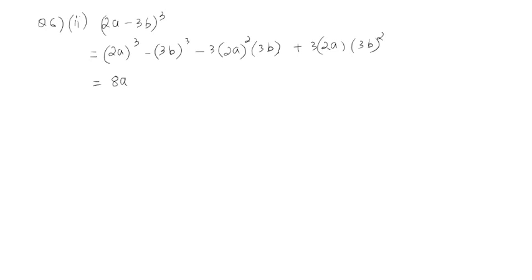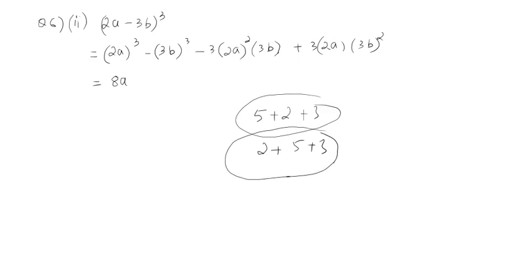See, there is no difference if I write 5 plus 2 plus 3, or if I write 2 plus 5 plus 3. These two don't make any difference mathematically. Does it make a difference? So if I write this term here and that term there, it doesn't make any difference. I can shuffle anything. The main thing is that the terms have to be there.